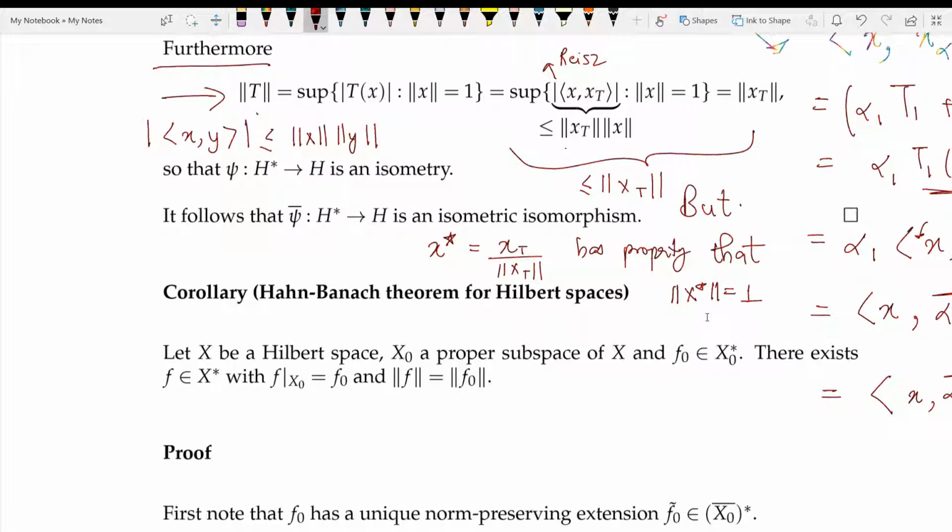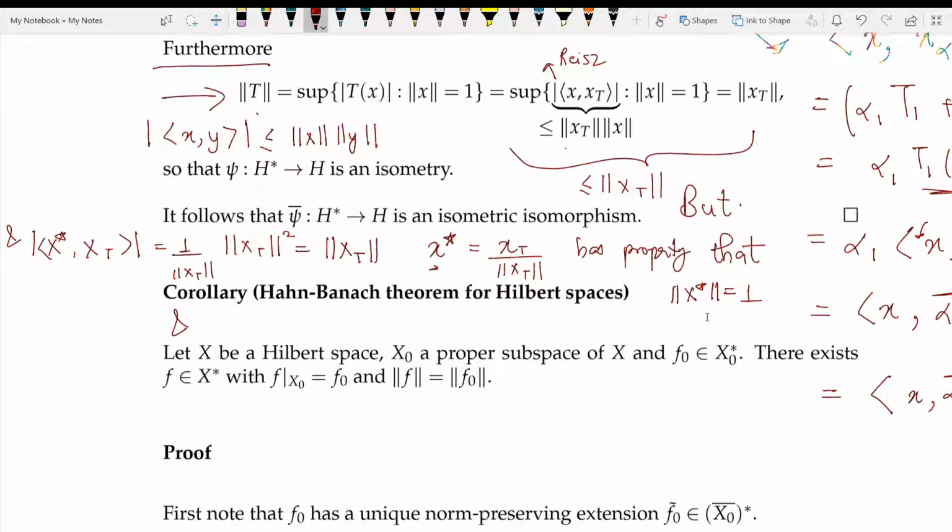And let me write it here. For this value of x star, if I substitute it here, then this inner product x star comma xt is equal to, if I do the inner product, it turns out to be 1 by norm of xt times norm of xt squared, which is exactly equal to norm of xt.